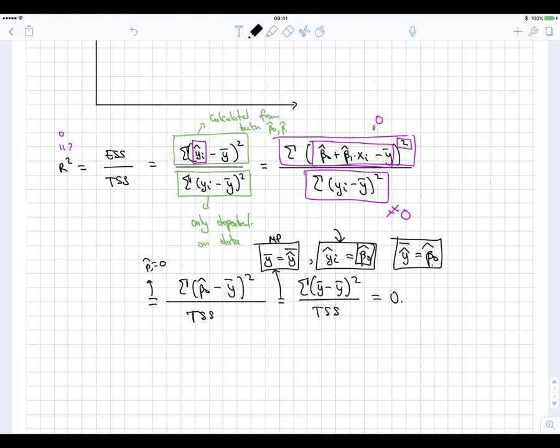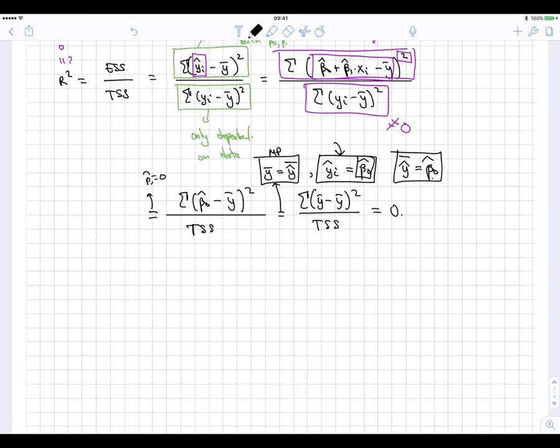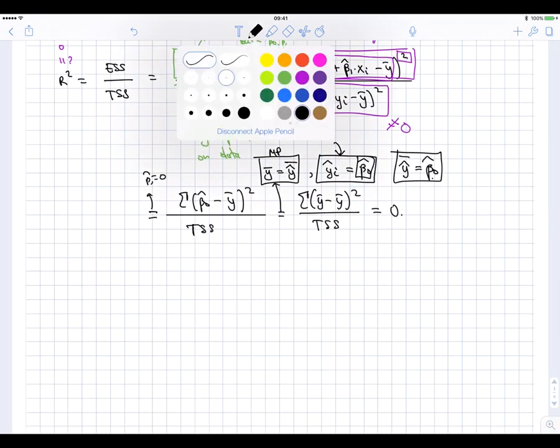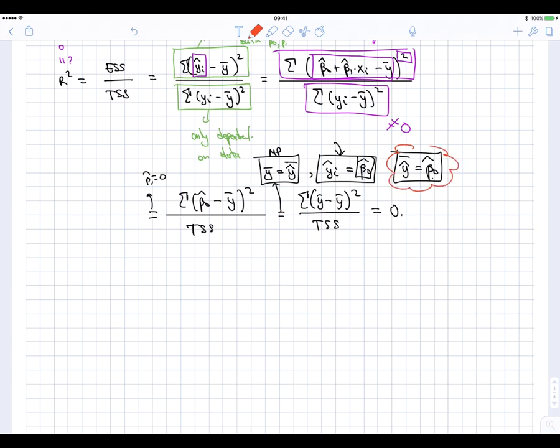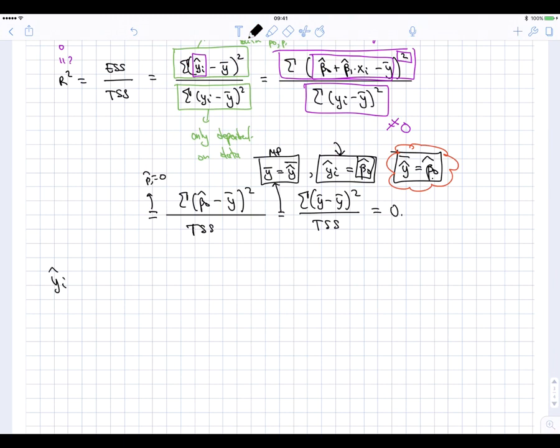Yeah. Can you explain again why y hat bar equals beta 0 hat? Yeah. So the question is, can you explain again why this holds. Well, it's very simple. Do you understand that yi hat is equal to beta 0 hat for all i's? Yes, of course, because beta 1 hat is equal to 0. Okay, so let's do this. y hat bar is going to be equal to the sum of all the yi hats divided by n.